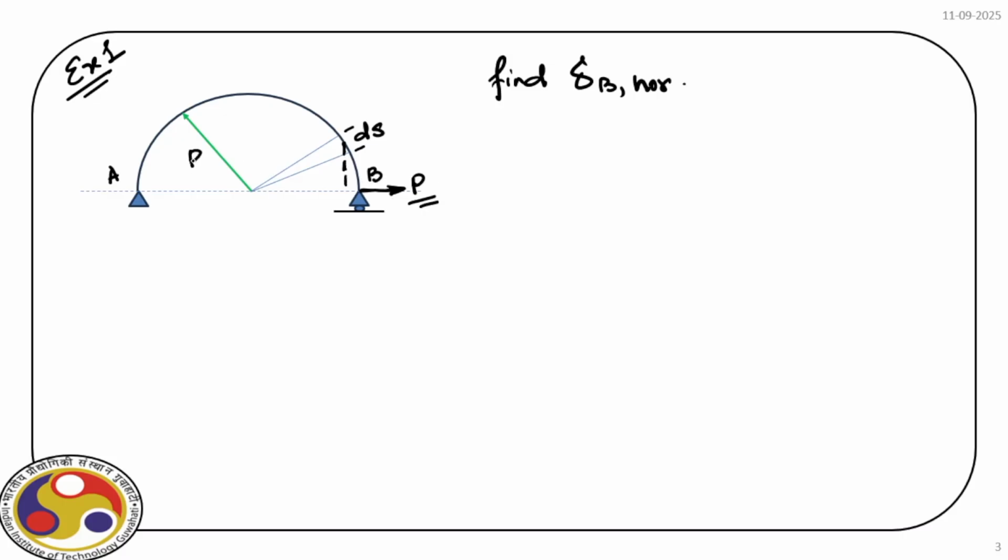The radius of this arch is capital R, and let this angle be theta. So this small angle here is d theta. Obviously, ds is equal to R times d theta.